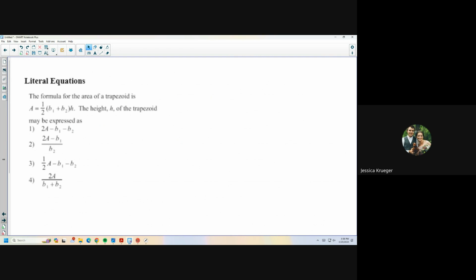Literal equations. These are equations with lots and lots of variables, typically, okay? And they're going to ask you to either express x in terms of, or solve for y in terms of.